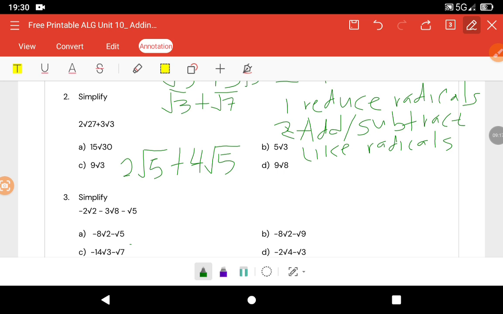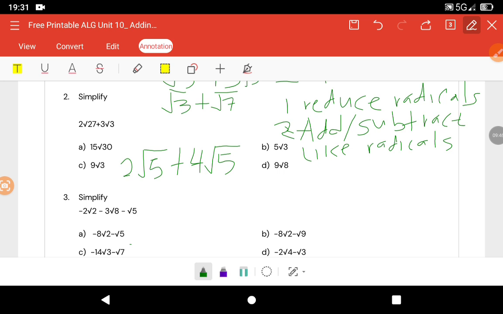Yes, I can see there's no number inside the square root that can be broken down, so we don't have to reduce this one. Now step 2, are the radicals similar, like radicals? They are similar because the number inside the square root is 5. So we have 2 root 5 plus 4 root 5.